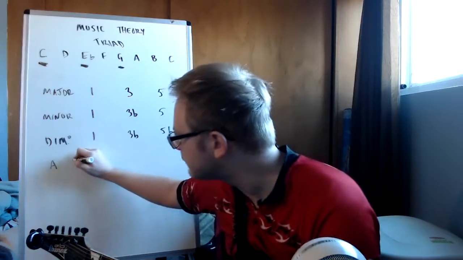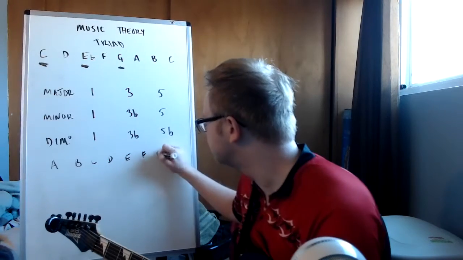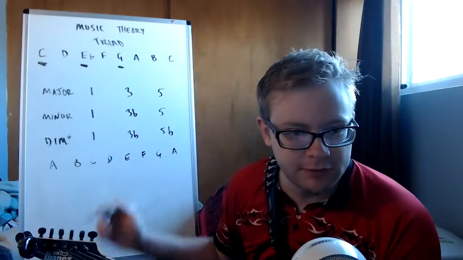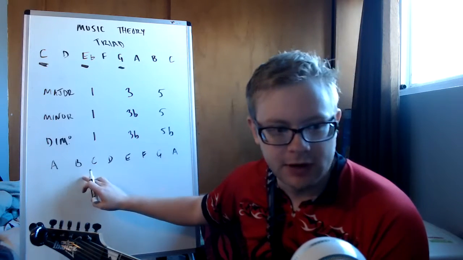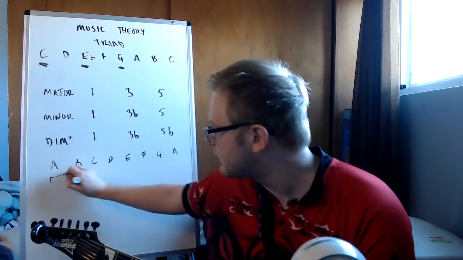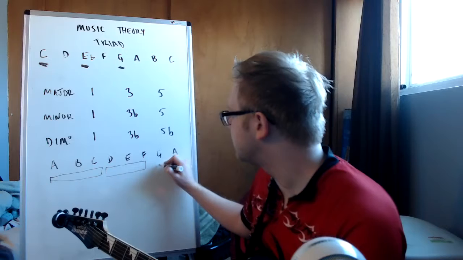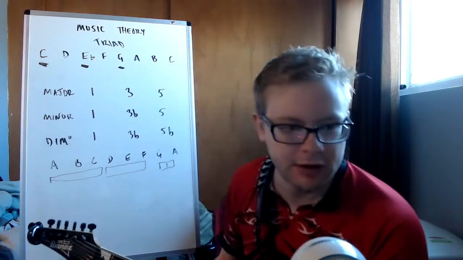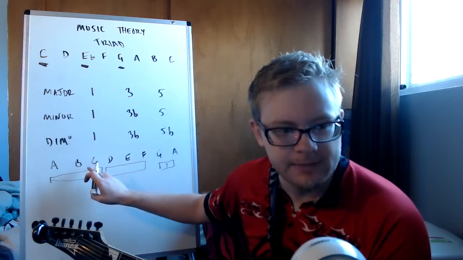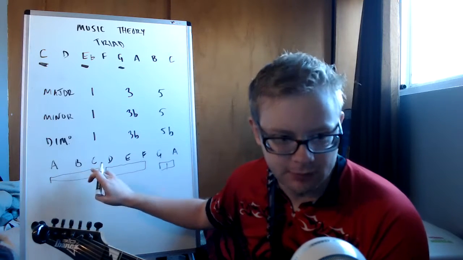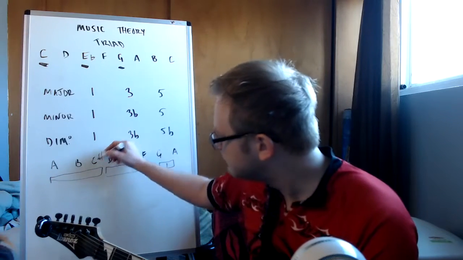So first we're going to write down all the letters: A, B, C, D, E, F, G, and A. Now, in another video, I talk about how to calculate scales. So hopefully you've seen that video, and you know that I need to have a big block here, and a big block here, and then a smaller block right here that connects those two. So I know that between the B and the C, I need to have 2 spaces, but given these, I need to sharpen the C.